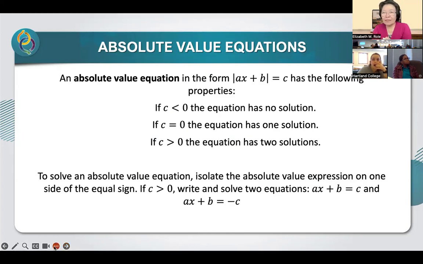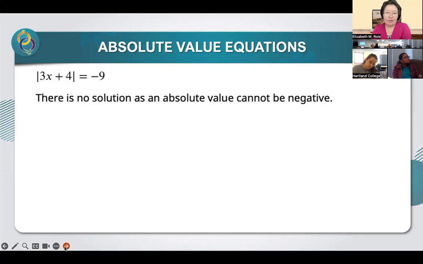So look at the problem. If your c is negative, immediately say no solution. If it's 0, then solve for your x. If your c is greater than 0, you'll solve for your x, but you know there will be two solutions. Okay. So just some examples here.